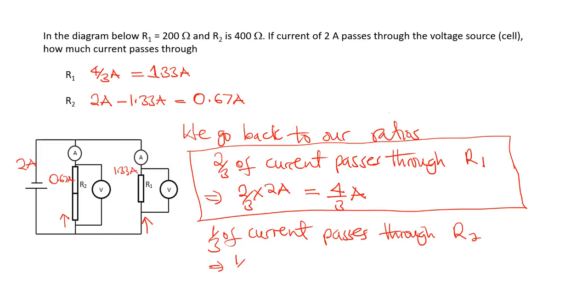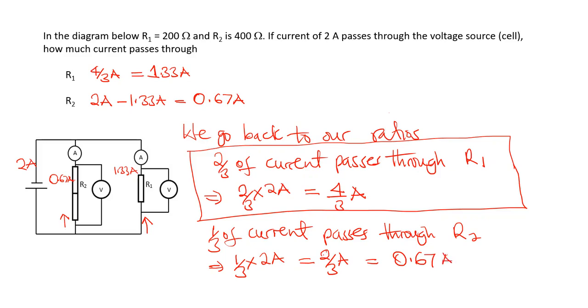Then we can say 1/3 times 2 amp is equal to 2/3 amp, which is 0.67 amp.